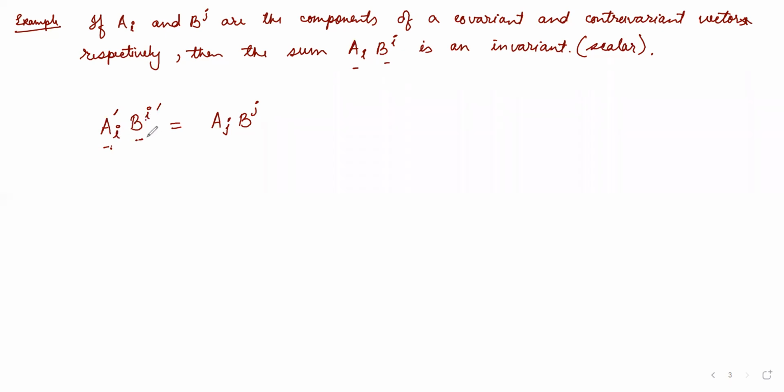That means we are using the summation convention. So this is actually A prime 1 B prime 1 plus A prime 2 B prime 2 plus A prime 3 B prime 3.